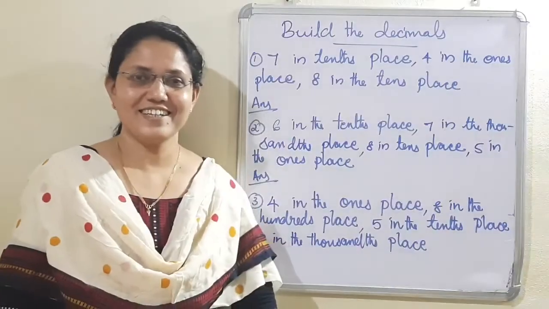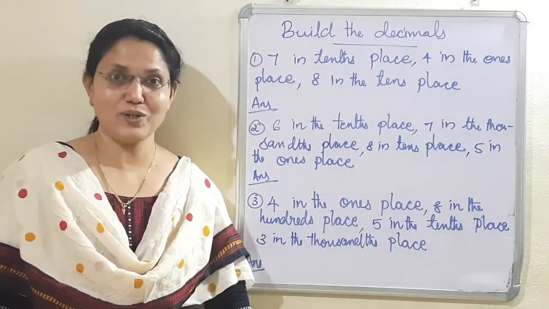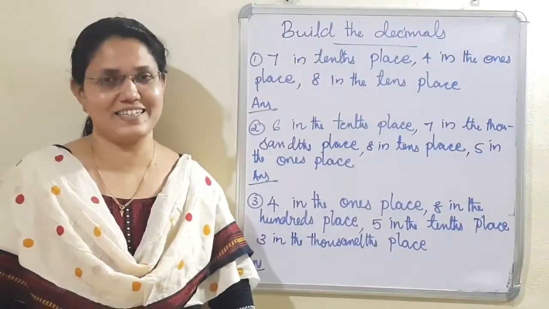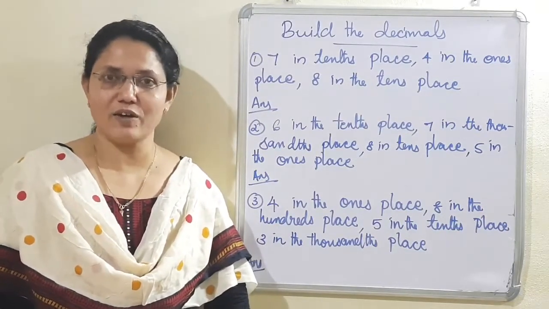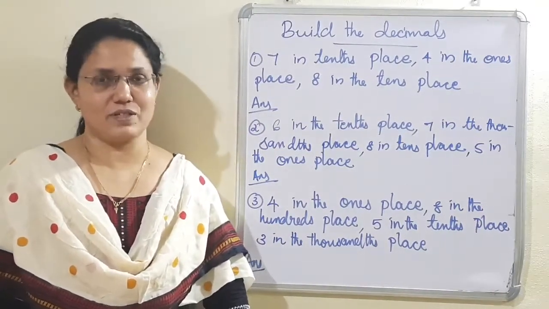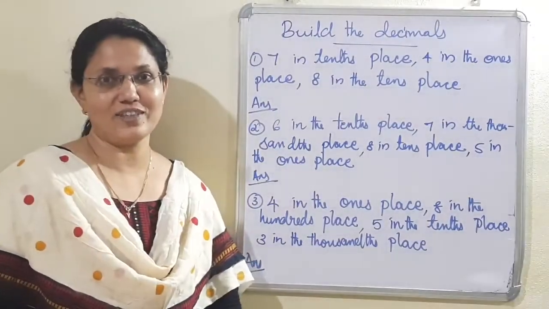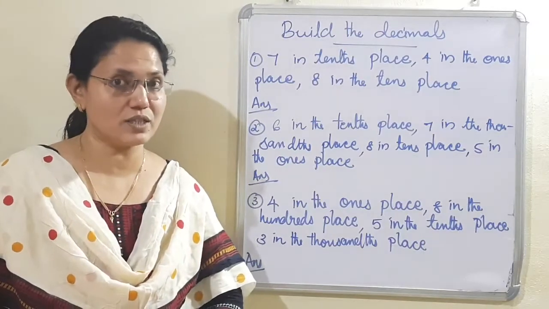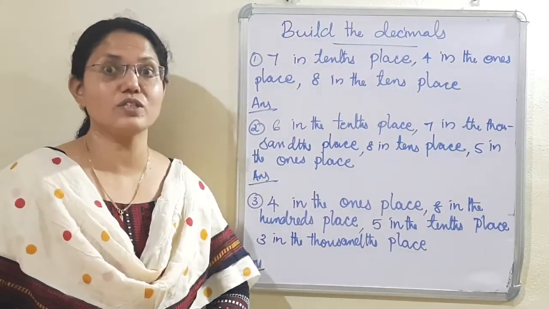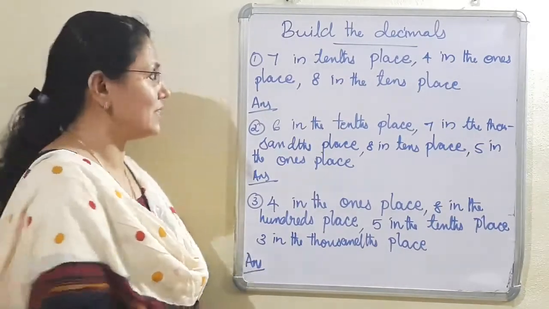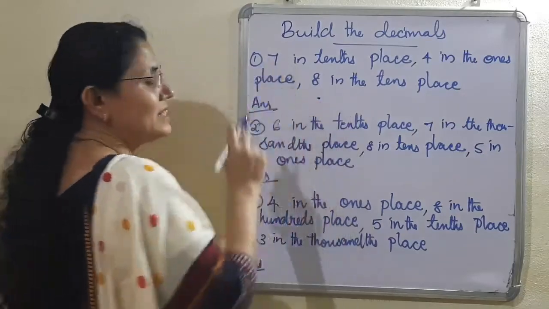Dear children, some digits and their places are given. According to this, we have to build a decimal number. The places are given. In those places, we have to arrange the numbers. First one, 7 in tenths place. You know that tenths, hundredths and thousandths are out of 10, out of 100, out of 1000. According to this, we should arrange the places. Tenths, you know that immediately after the decimal point, the digit comes up.